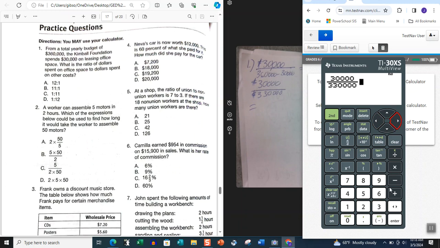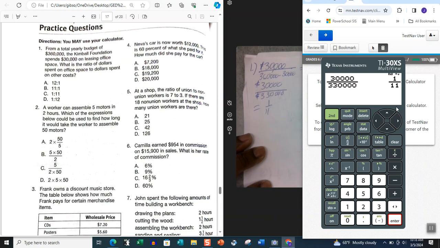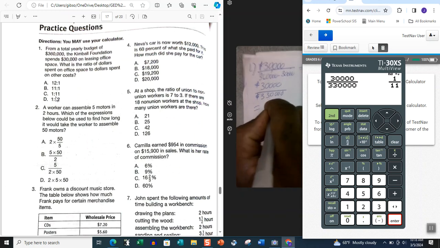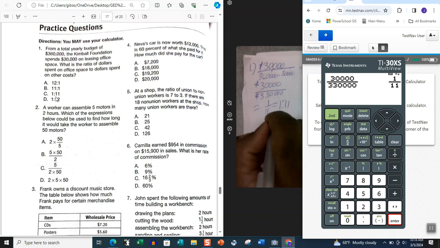Hit our right arrow, hit enter, and we got 1 over 11. So that is our fraction, but if you notice, we have our answers using the colon. We know the top value is first and the bottom value is last. So our answer here would be C.